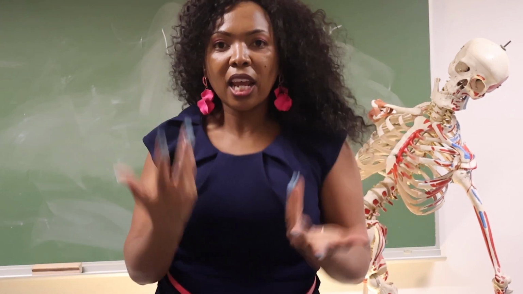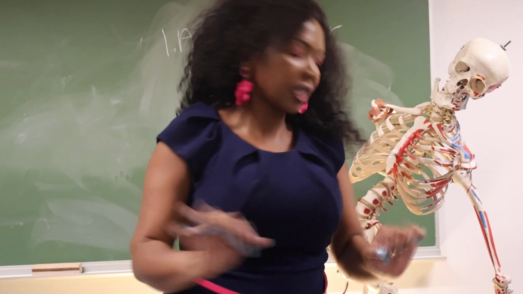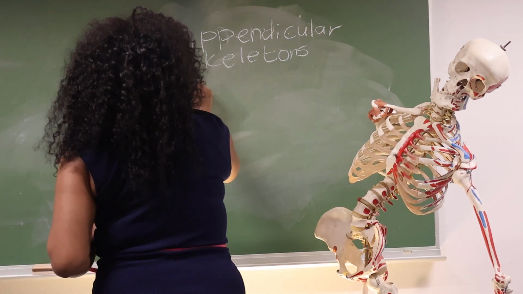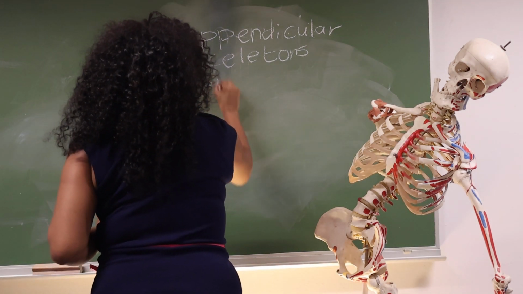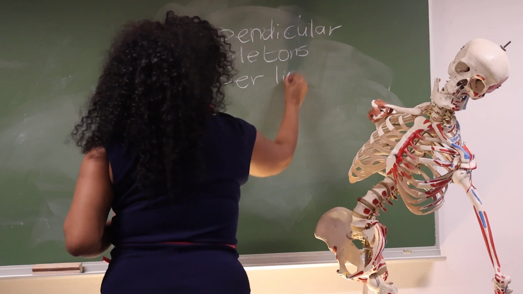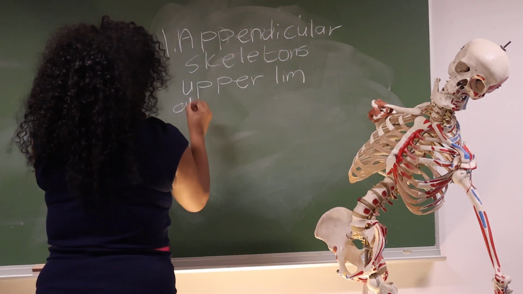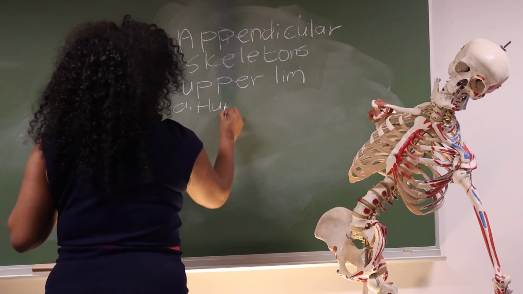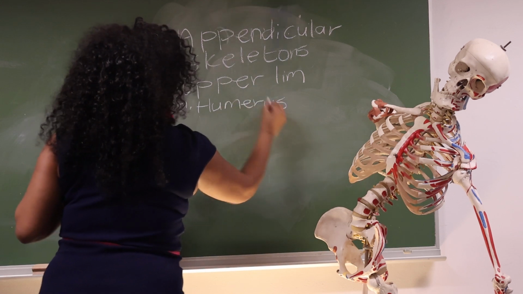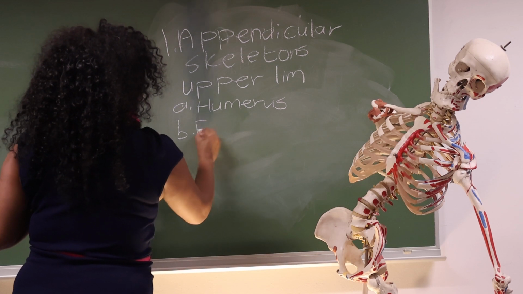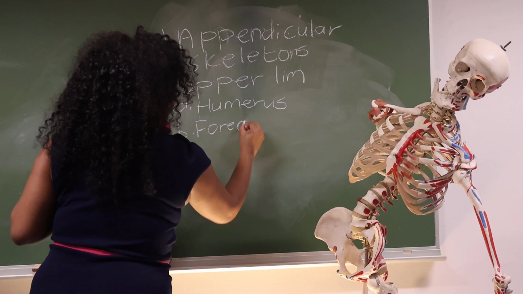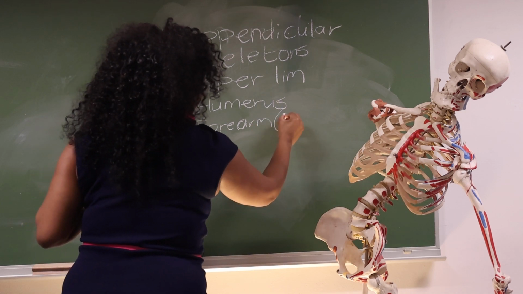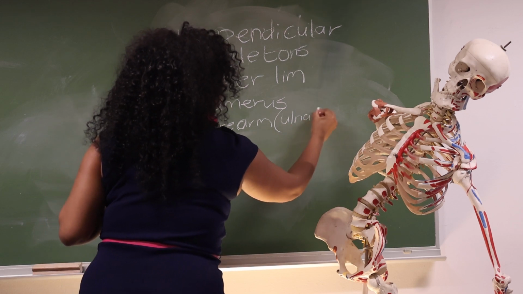So let us quickly label the bones of the appendicular skeleton. So we have the upper limb, which is made up of the humerus, and then the forearm, which includes the ulna and the radius.